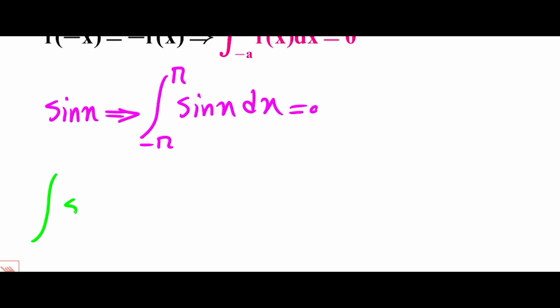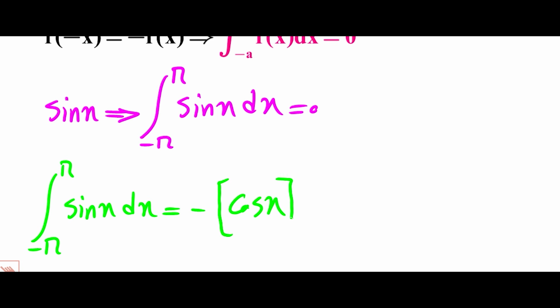the integral of sine of x dx from negative pi to pi equals the integral of sine of x, which is negative cosine of x, from negative pi to pi. So we have negative cosine of pi, which is negative 1, minus negative cosine of negative pi, which is negative 1.